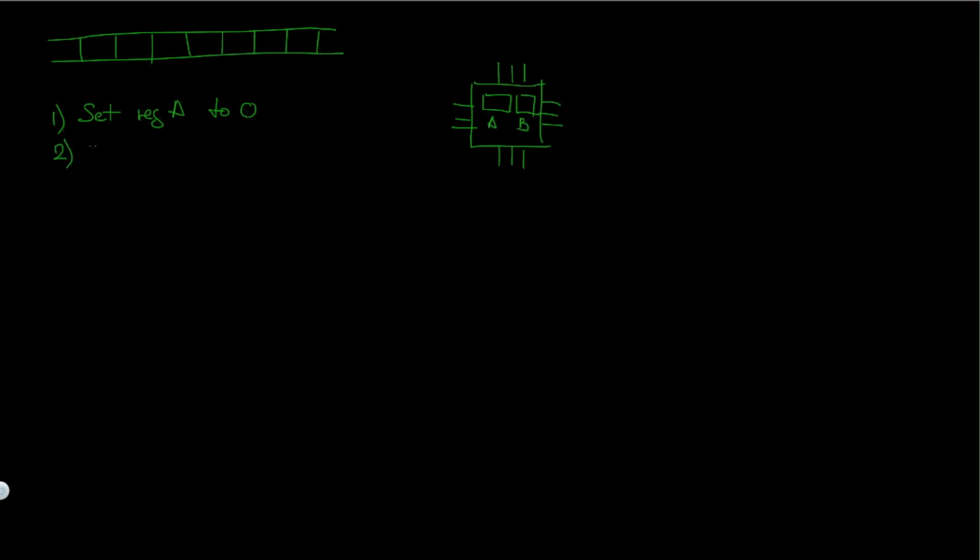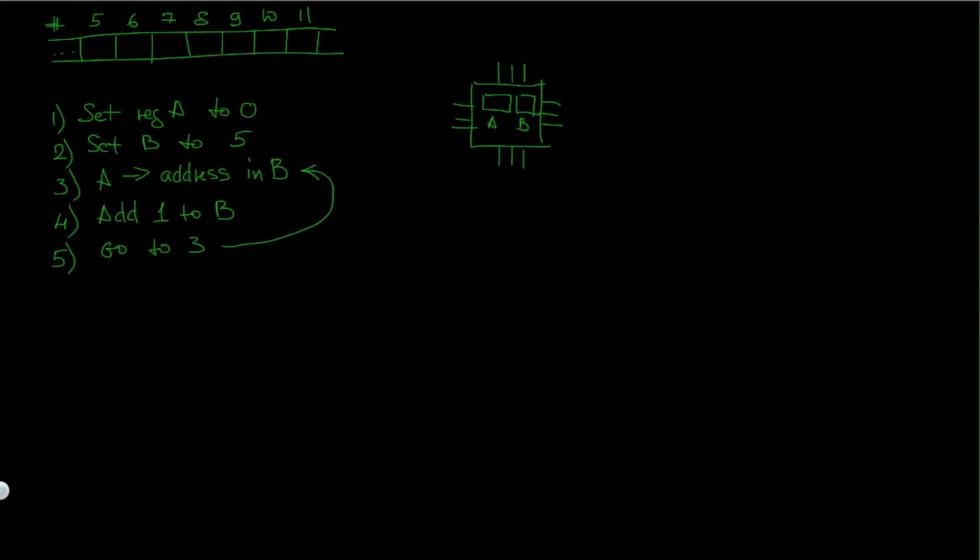Step 2, set register B to the start address of the memory range we want to fill. In our example, it's going to be cell number 5. And everything starting from this cell onwards will be filled with whatever is stored in register A. Step 3, copy register A, the one with the target number, to the memory location that is stored in register B. Step 4, add 1 to register B. Step 5, go back to step 3.